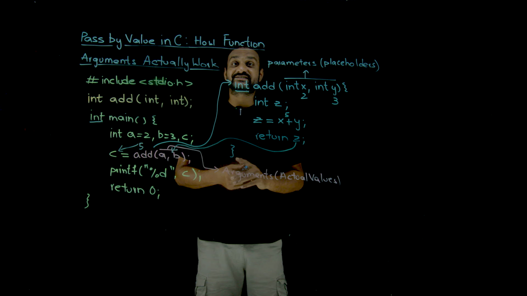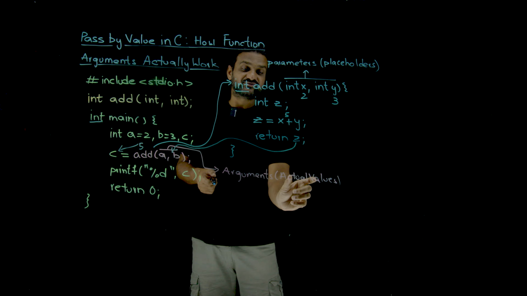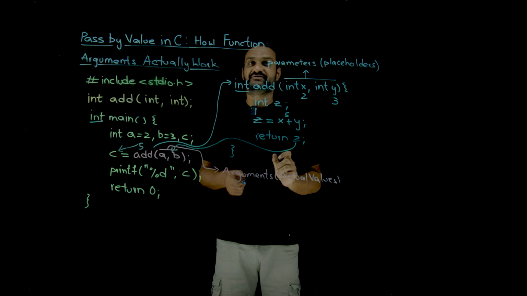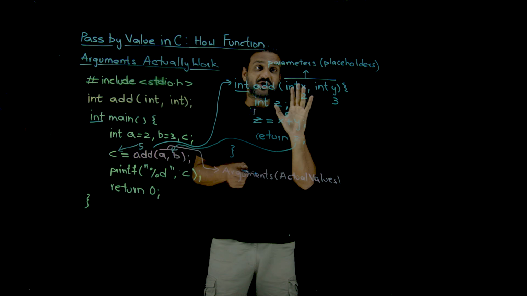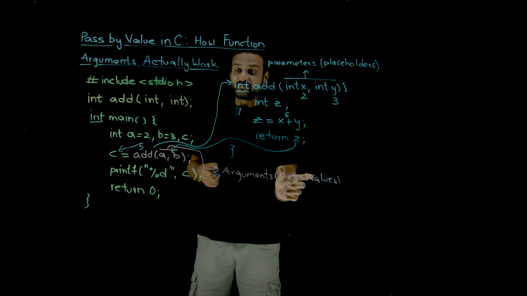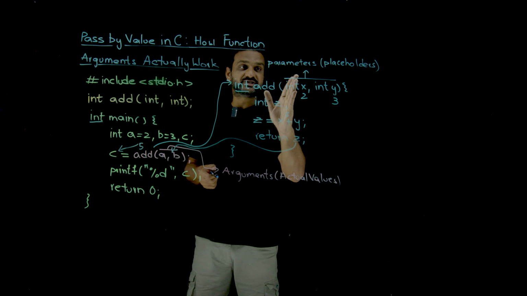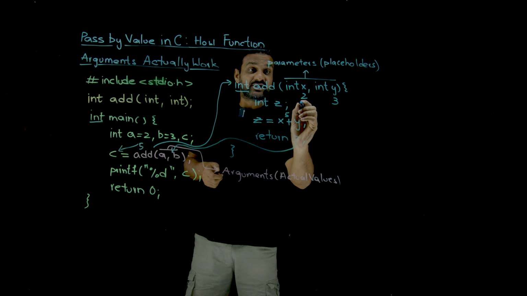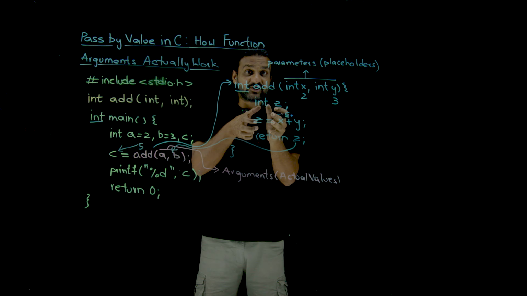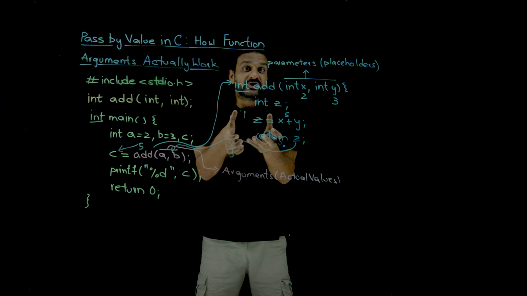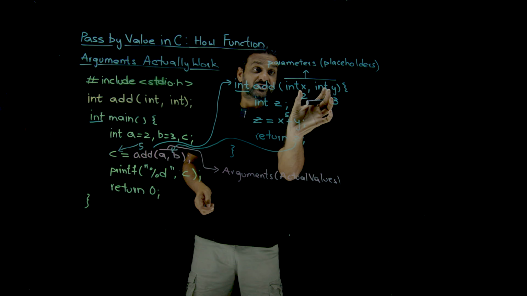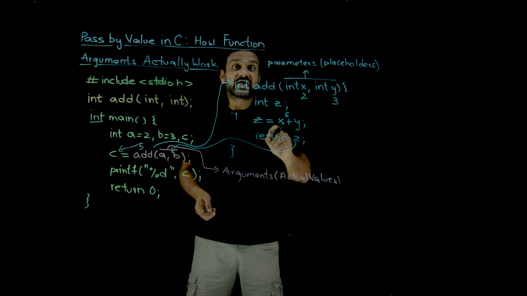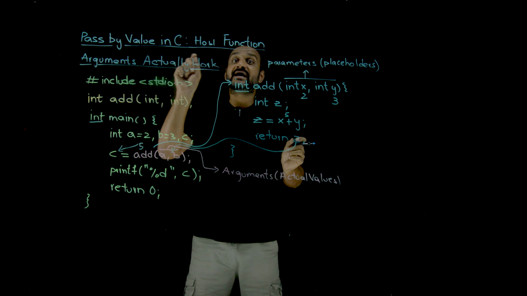Now we will try to understand the difference between actual values, arguments and parameters. It is very important to understand. Whenever a function call is made, if within the definition we change the values of these parameters or placeholders, the change in the parameters or placeholders does not have an effect on the actual values.